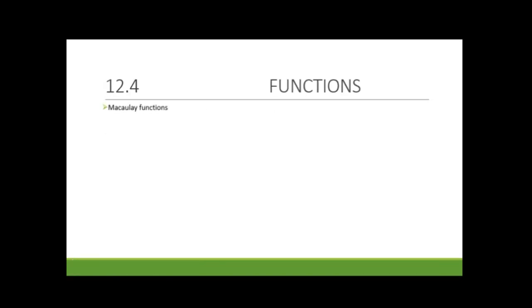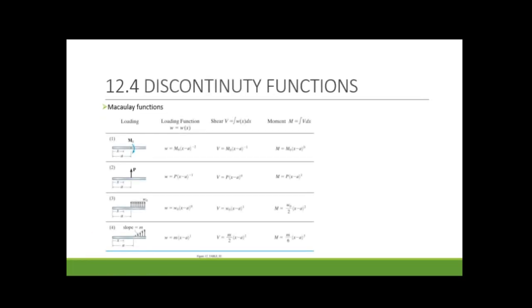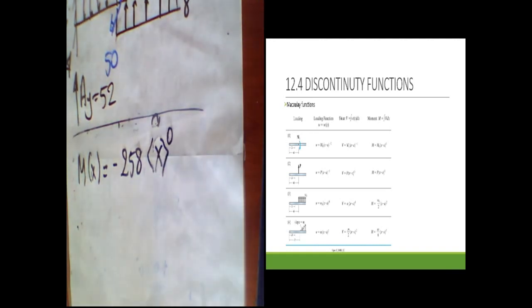Where is it? Yeah, here we go. Okay. Yes. So the first term is the moment. Moment is equal to M0 times x minus 0 to the power 0. Therefore minus 258. I don't want x minus 0, I just want the x. Where is the power? Yep, its power is 0.